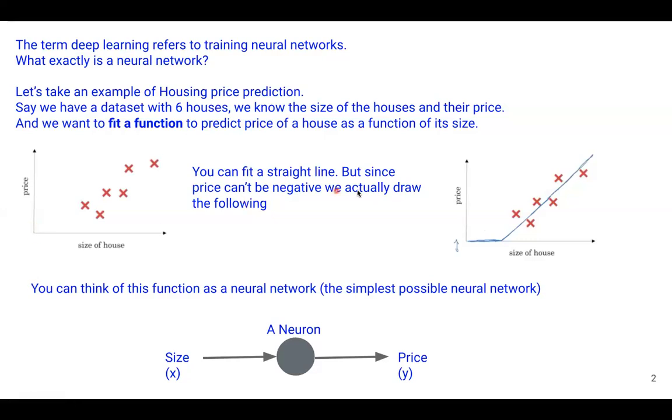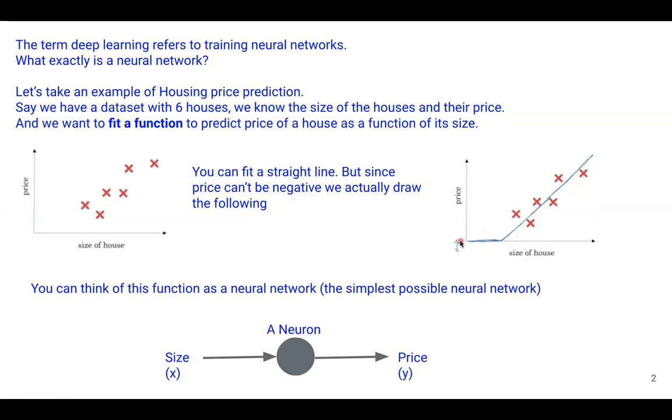So that is why we have plotted it like this. It's a straight line, and as soon as it tries to cross the x-axis, we don't go further. We just draw a horizontal line here.